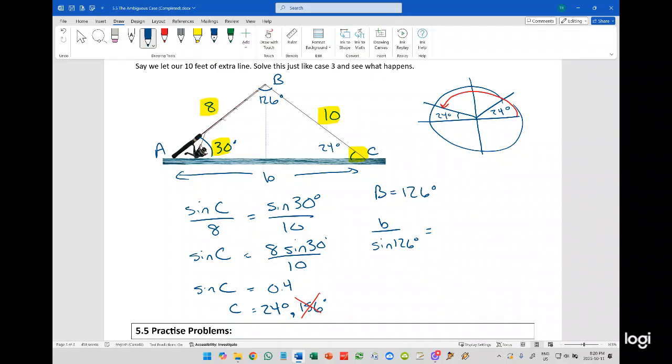I can use either of the other two pairs right now, but I'm going to go back to the 30 degree and 10 because that's both original information. So 10 over sine 30. So b equals 10 sine 126 over sine 30, which gives me 16.2-ish.